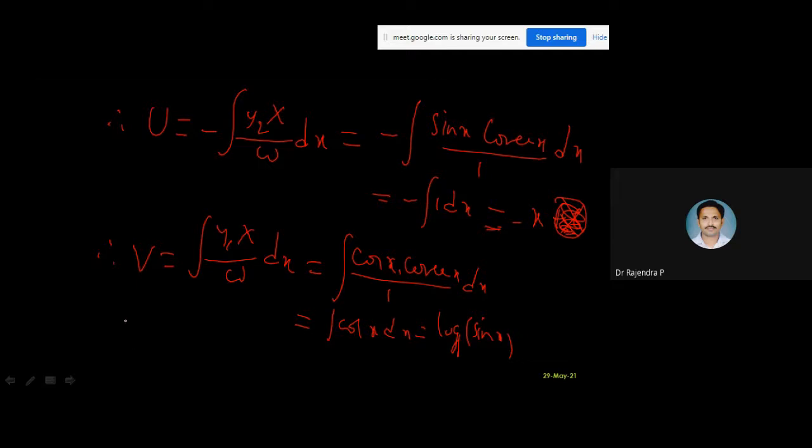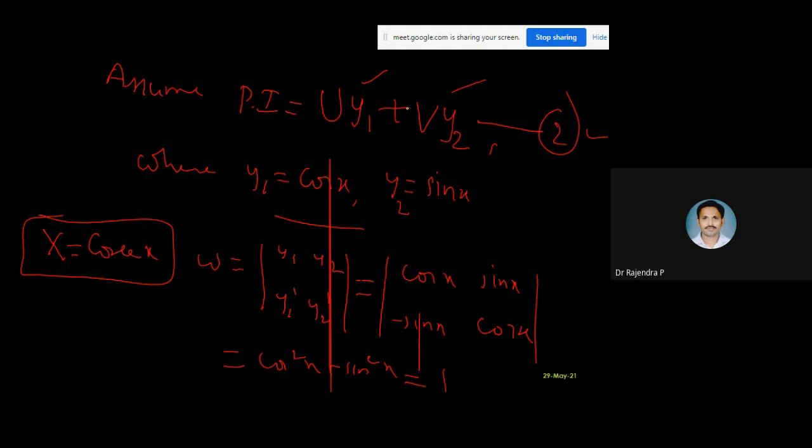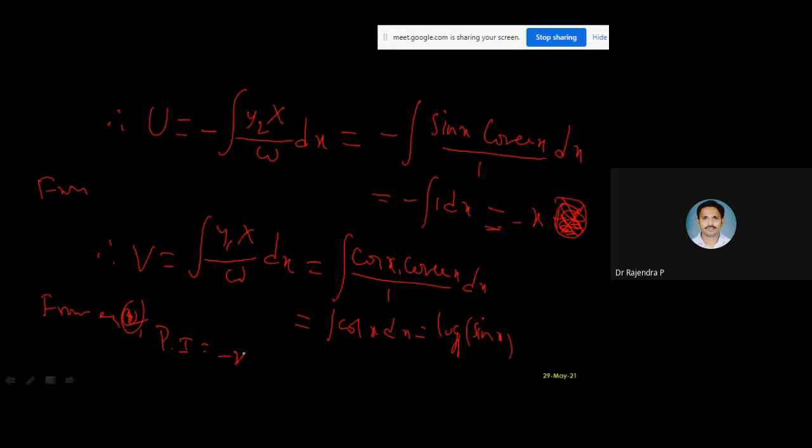Now we have u and v. Therefore, from equation 2, I can write the particular integral by adding these two: u y1 plus v y2. What is u here? Minus x. What is y1? Cos x. Plus v y2. What is v? Log of sin x. Because it's a log term, I am giving some space.